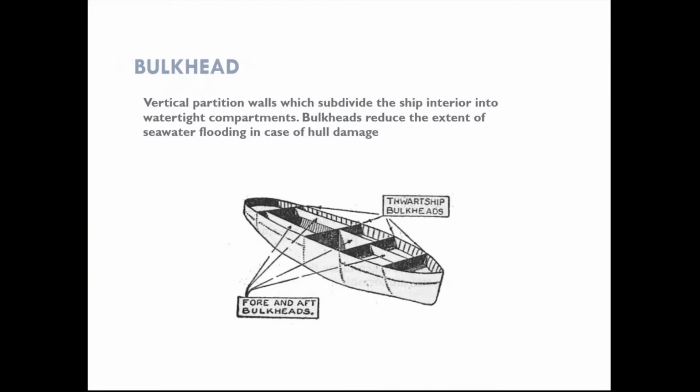So this isolates and compartmentalizes any of the flooding within the boat. Now it's true if more than a certain number of compartments are flooded, of course, the boat can sink. And that's pretty much what happened with the Titanic.